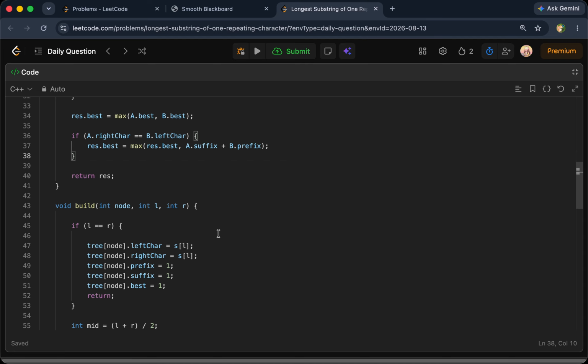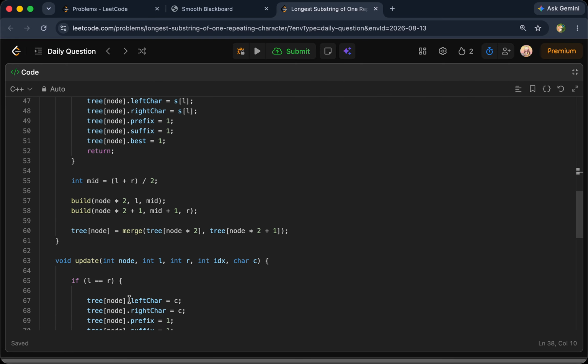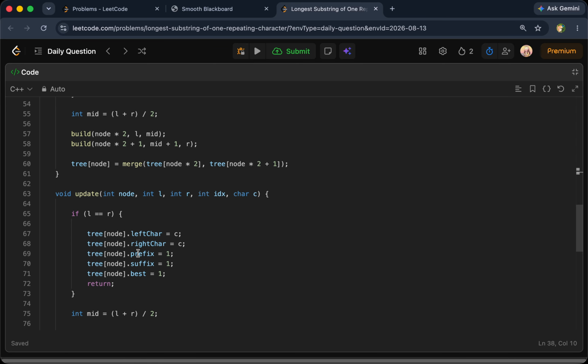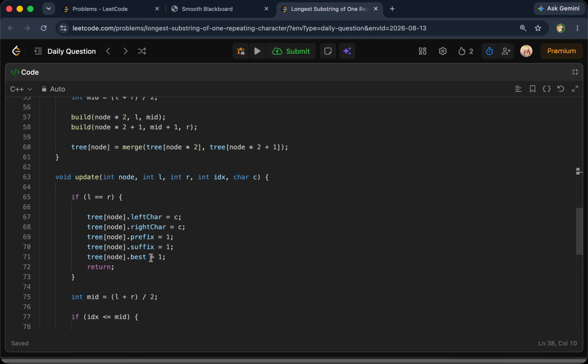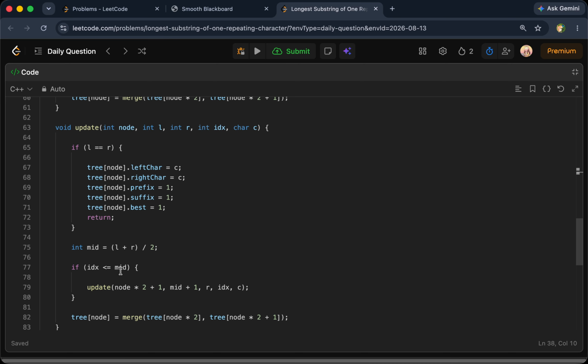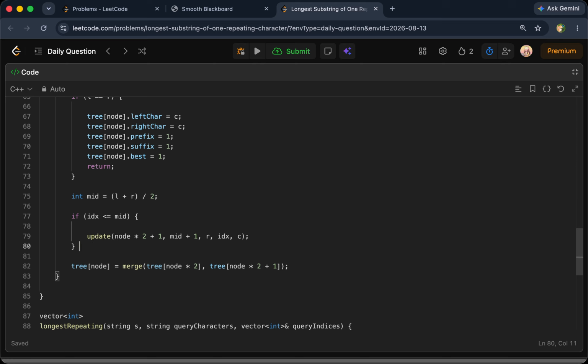Then we build a function of merge. I find merge, then update for white, done. Then we calculate merge. I think I calculate merge, then I put else.